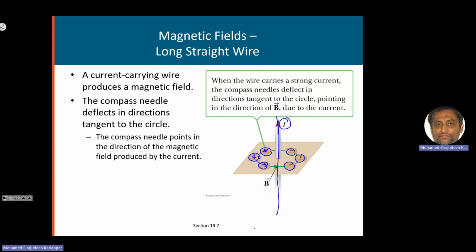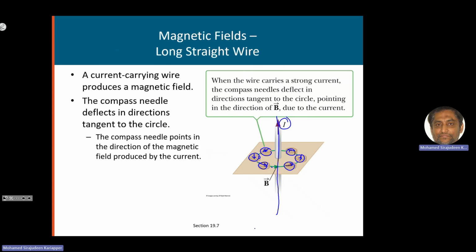And this magnetic field has field lines that are circular around this current carrying wire. So any current carrying wire will have a magnetic field around the wire in circular magnetic field lines. The magnetic field line tells you the direction of the magnetic field as the tangent to that line.